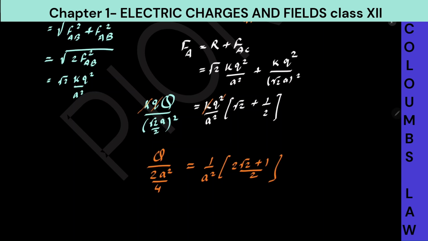Let's cancel this A square with A square, and taking 2 by 4, which is 1 by 2, to the other side, it will be Q equal to 1 by 2 into root 2 plus 1 by 2.